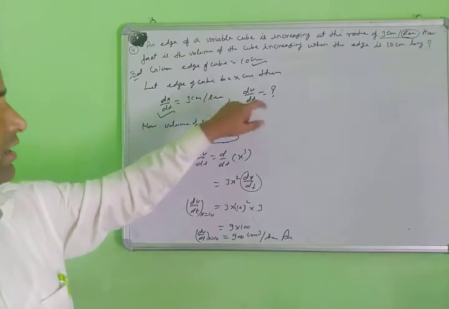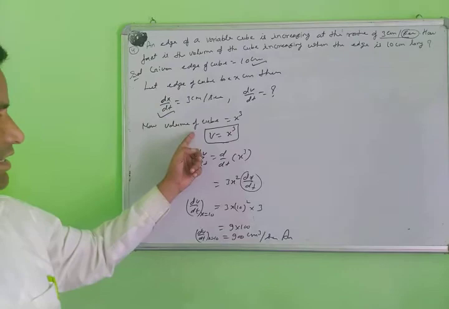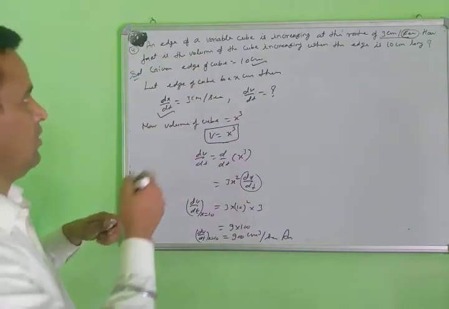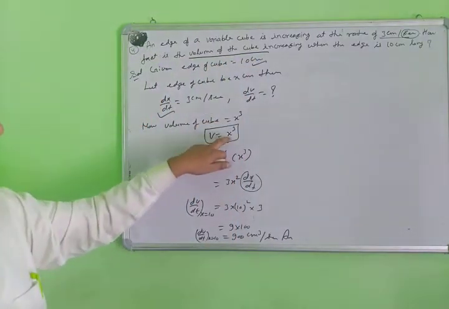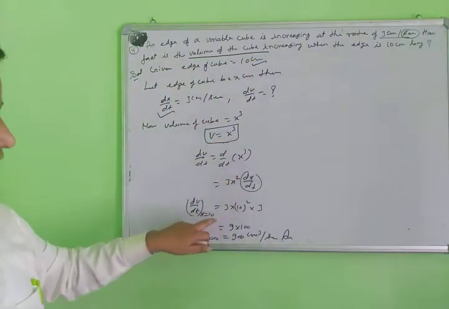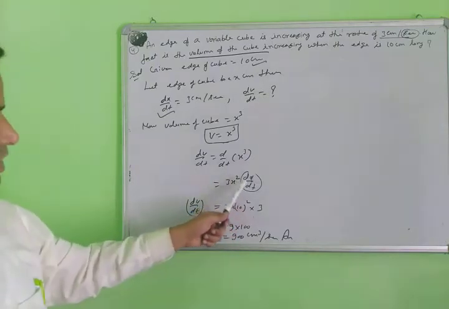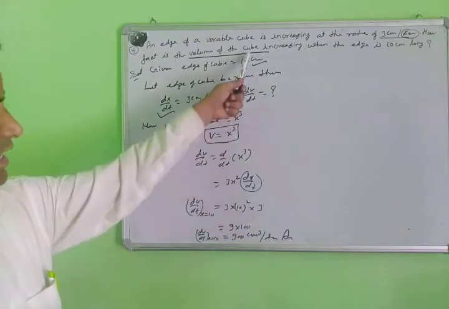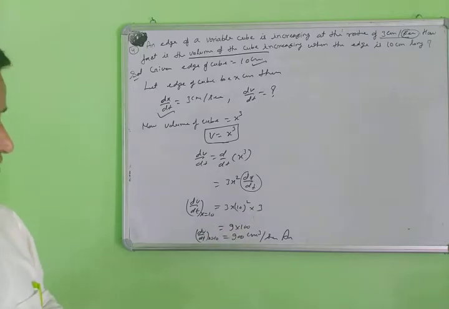Then write the identity of the volume, because here you find how fast the volume of the cube changes. V equal to x cube, then differentiate dV over dt, put the values and find the answer. Here dx over dt is already given as 3 centimeters, and x given is 10, put 10 in its place, then calculate and find the value of 900 centimeter cube per second. Just note down.